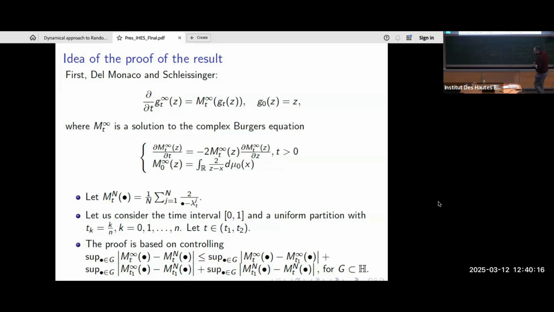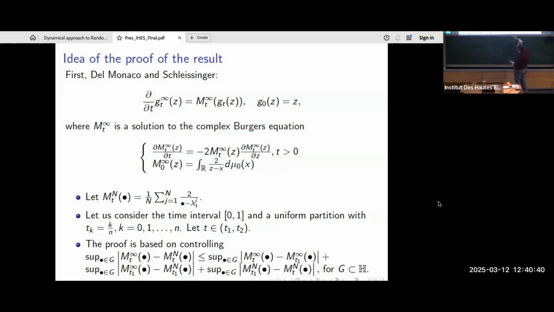Then what I'm doing next is considering a time partition in which I'm going to control this object. Let me draw this picture for you. I have 0 up to 1, and I'm taking steps of 1 over n, where this is 1 over a little n.